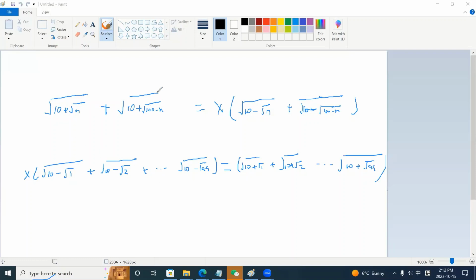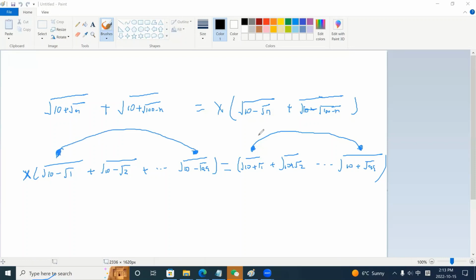What we're trying to do here is say that for any number n, let's say n is 1 as an example, this term here, 10 plus the square root of 1, because n is 1, plus the last term here, the sum of these two things is equal to x multiplied by the square root of 10 minus the square root of n, that's this term here, plus the square root of 10 minus the square root of 100 minus n, that's this term here.